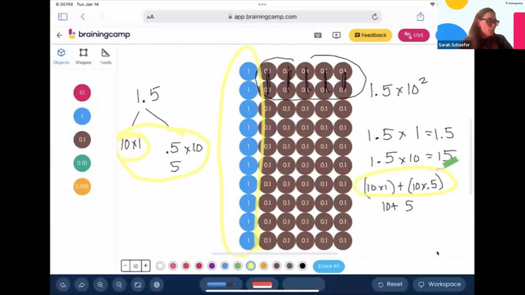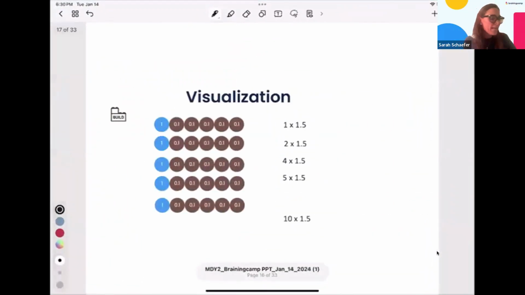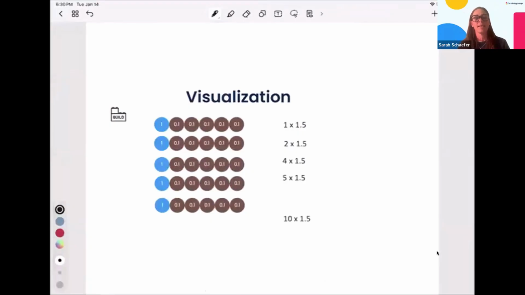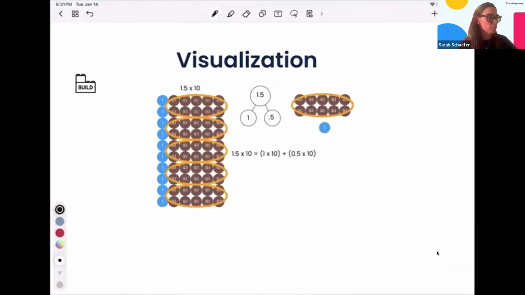As we're talking about visualizing it, we can even use a problem string where we say, if we know 1 times it, could we imagine what 2 groups of it would be? 4 groups, 5 groups, and eventually getting to this idea of 10 groups.